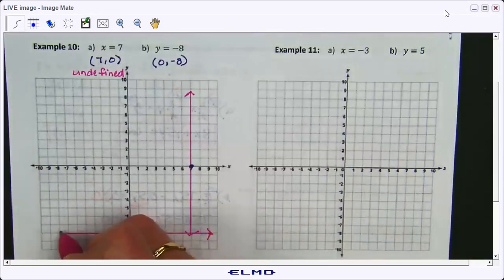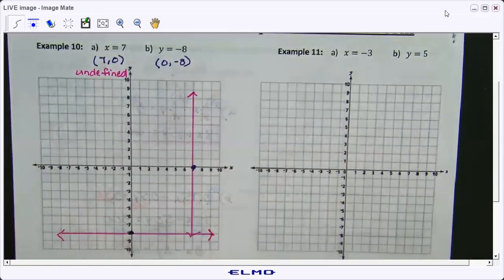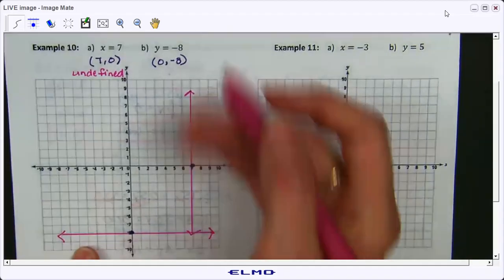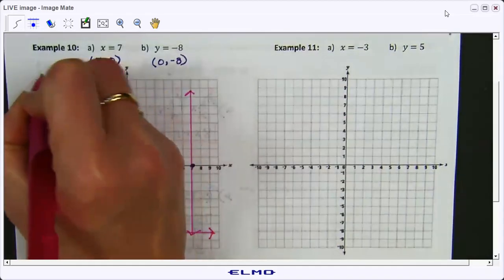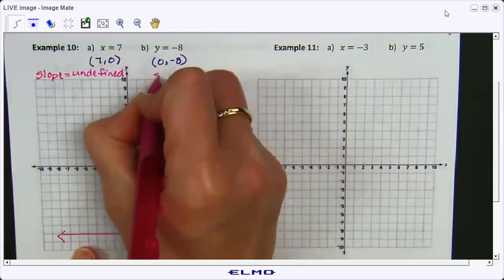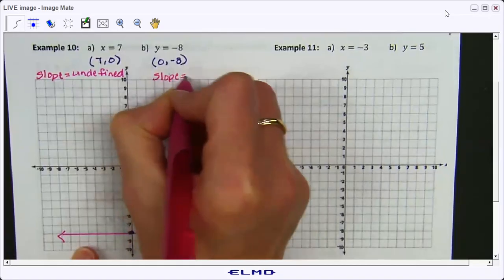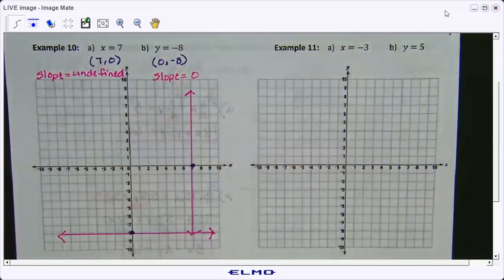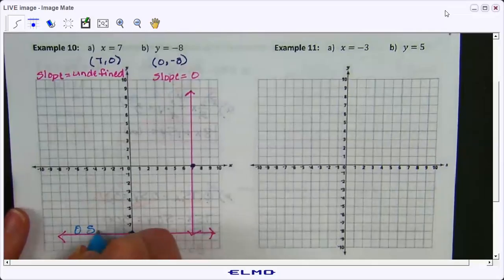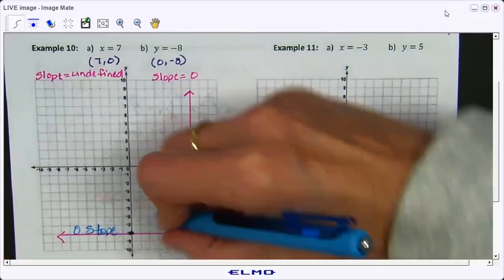That's only if you're solving for intercepts, and we did not solve for the intercepts here. What is the slope of a horizontal line? Yep, slope equals 0. It might help to write 0 slope here, and undefined slope here.